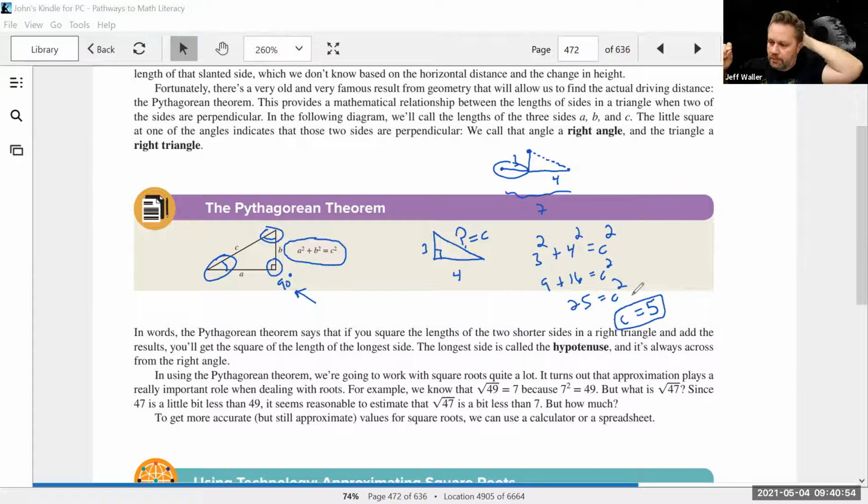Most right triangles are going to have ugly side lengths. So for example, let's try another one. Let's try this triangle. What about a triangle with sides 2 and 5? Can you figure that out?